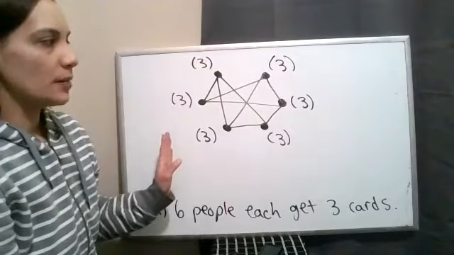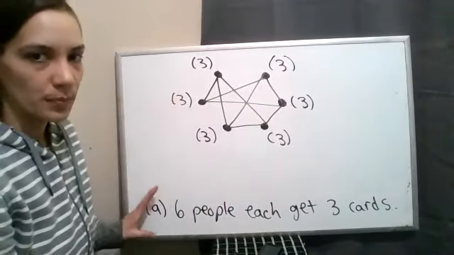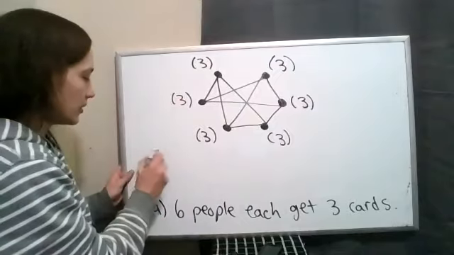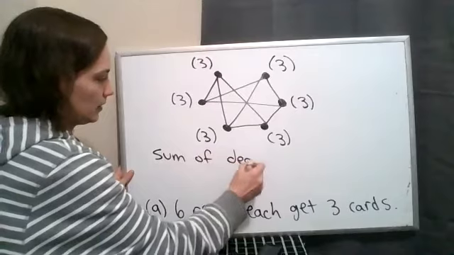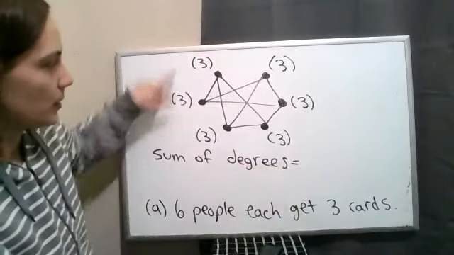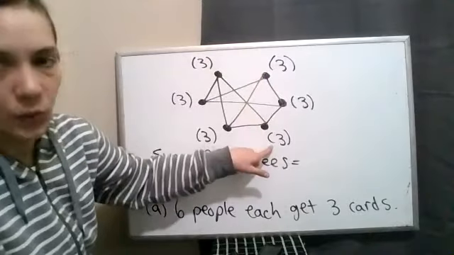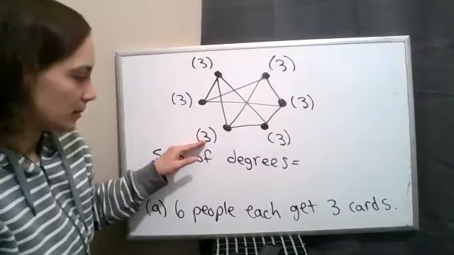So first we're going to talk about looking at the graph. Now that we have a graph that works for this situation, the sum of degrees is 3 plus 3 plus 3 plus 3 plus 3 plus 3, which would be 3 added to itself 6 times.